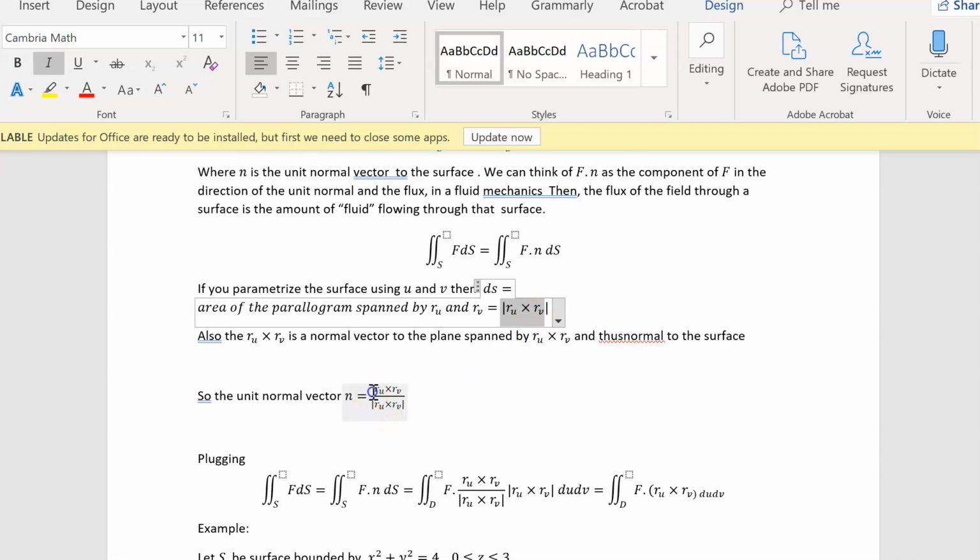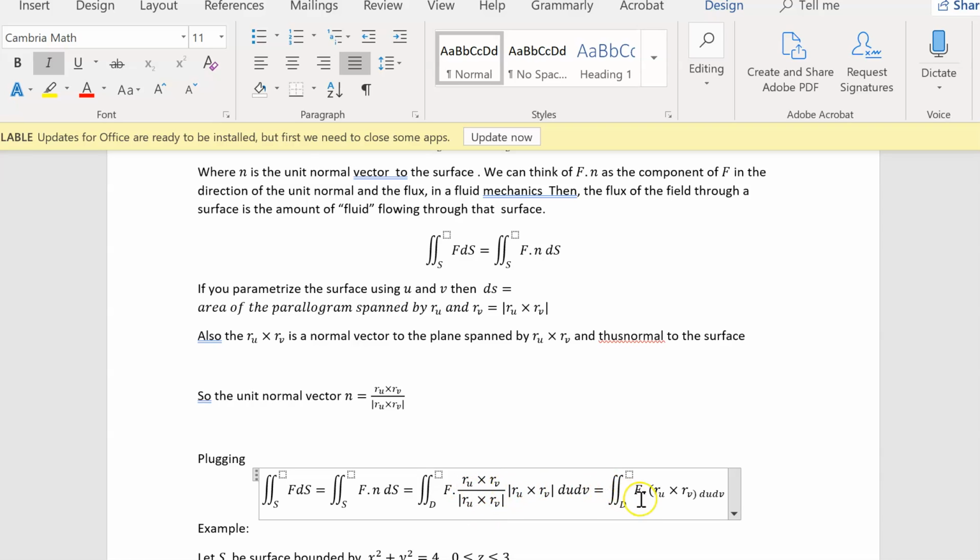If you divide that by its magnitude, you get the unit normal. Now we can plug in these things: we replace dS by the magnitude of r_u cross r_v times du dv, and we replace the unit normal by r_u cross r_v divided by its magnitude. Then you can see that the magnitude cancels off.